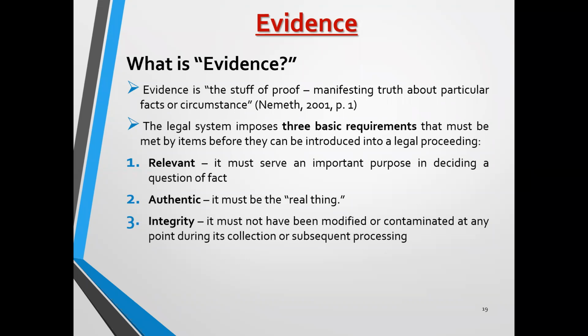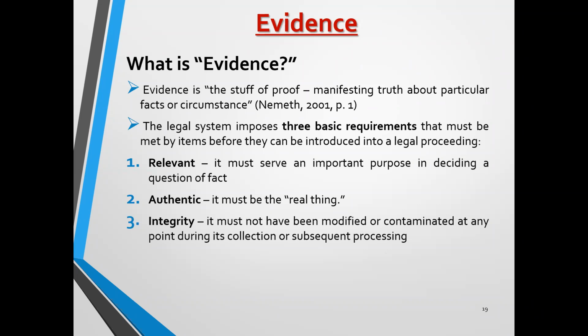The legal systems impose 3 basic requirements. We always ask you this question. What are the requirements for any proper evidence for it to be accepted in a legal proceeding? Here they are. Number 1, the evidence must be relevant. 2, it must be authentic. And 3, it must be tested for integrity.